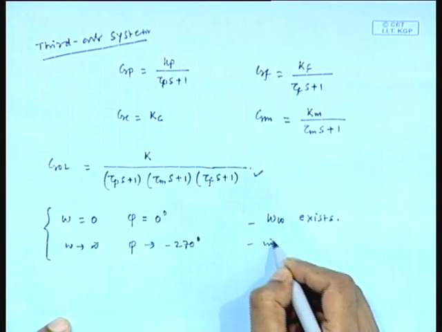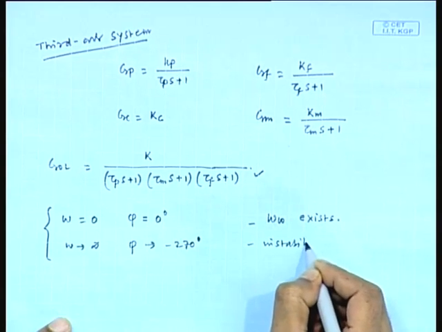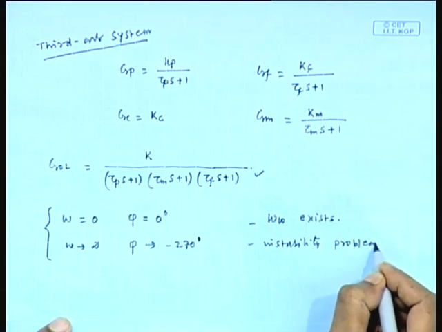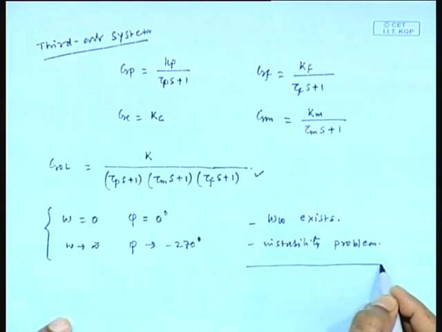So, there is instability problem. Fine. So, we can note one point that up to second order system, if there is no dead time, the systems do not have any instability problem.